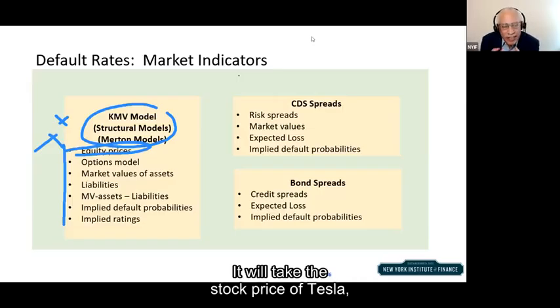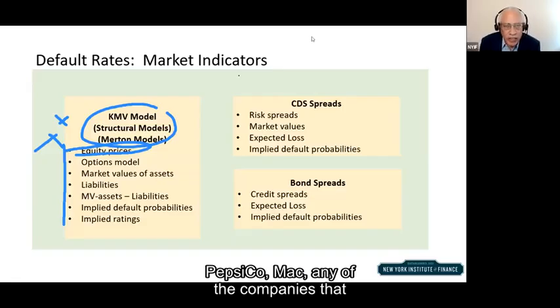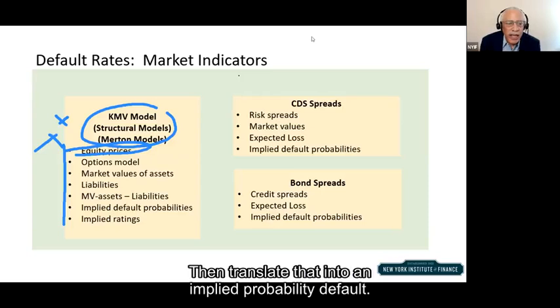It will take the stock price of Tesla, PepsiCo, Merck, any of the companies that we've been talking about in terms of cases today, and then translate that into an implied probability of default. That model is based on the volatility in equity markets.